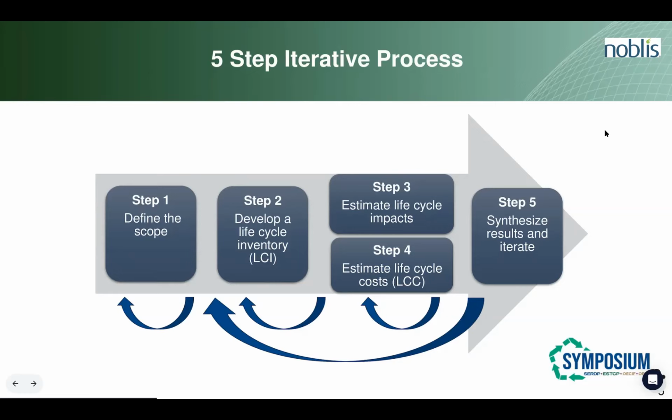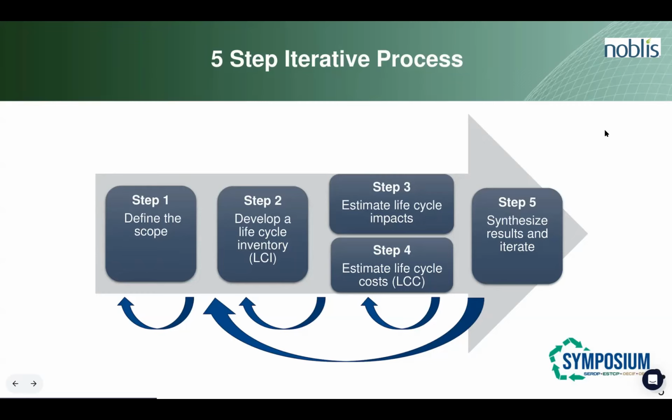You may need to do estimates about heat losses for the tank that you will need for your process chemicals. You may need to estimate the costs associated with the waste that you're going to dispose. All of this information comes in at the inventory stage.